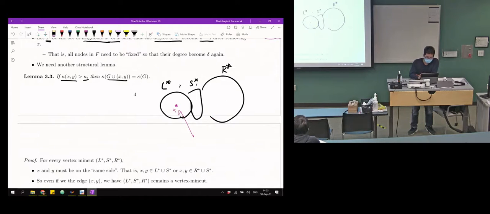It can be that X and Y are here, or X and Y are here, or both of them are in L star, or both of them are in R star. But if they are on the same side, like this, then if you add an edge here, it doesn't increase the cut size, right? So it's safe to just add this edge, and any min cut remains a min cut, doesn't change anything. But you can add an edge.